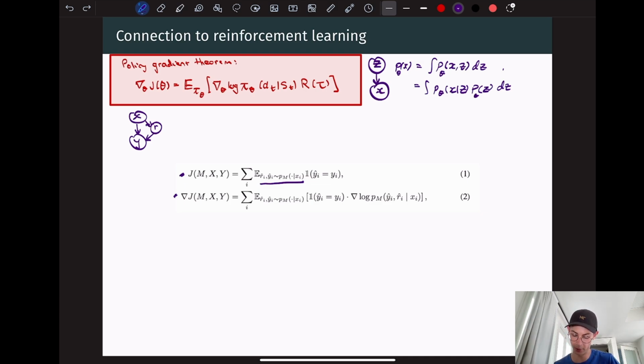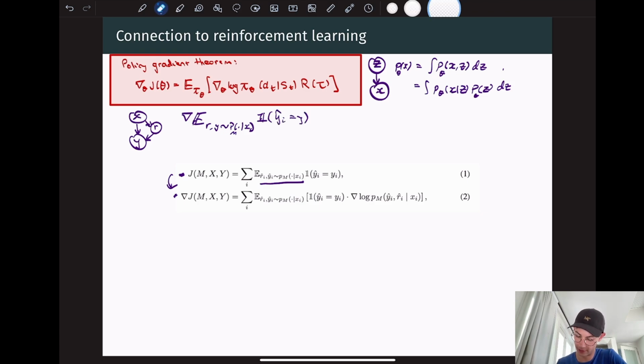For simplification of the symbols, I'm going to ignore the index i, and just look at how we go from this to this. We're going to start with taking the gradient with respect to the parameters of the expectation of r and y sampled by the model M. So we sample these and we look at the expectation under this sampling.